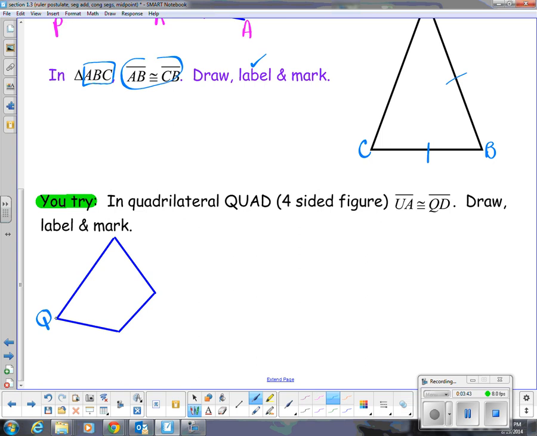I'm starting there. But now, if I choose to go up, I'm going in a clockwise direction. This must be A, this must be D. Or, that should be straight, if I'd started here and went down, then I'm going in a counterclockwise direction, and that must be A, and that must be D. This is your first experience with it. That's going to be important. So I need you to draw, mark, and label.